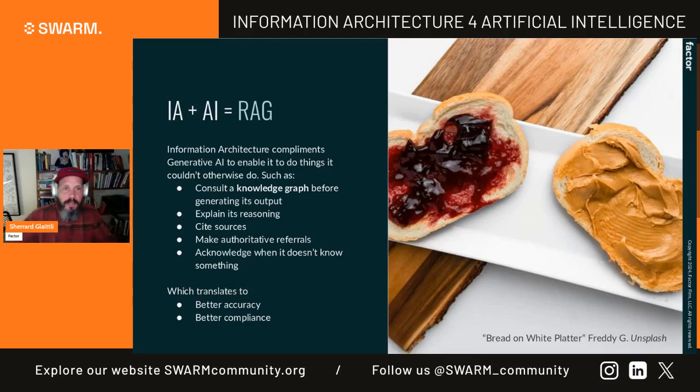So IA and AI complement each other tremendously well. And by AI, I want to clarify, I'm talking specifically about generative AI technologies, mostly large language models, and ML systems as well.